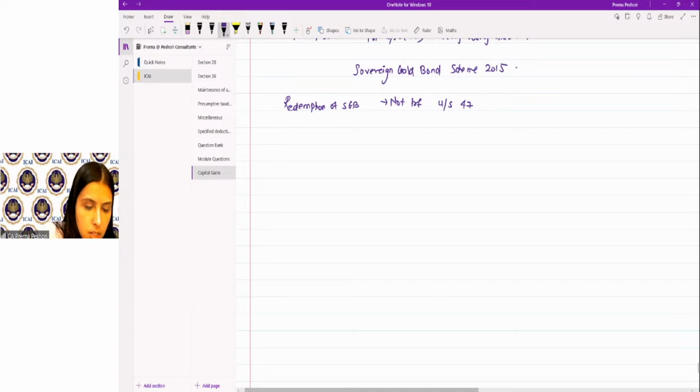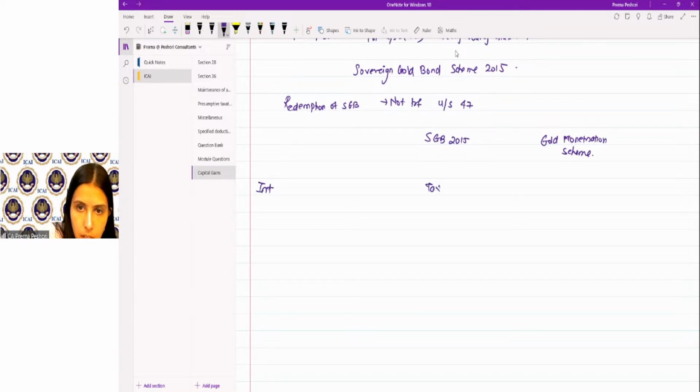There are two schemes, the SGB scheme of 2015 and the gold monetization scheme. So interest on SGB is taxable. Interest on gold monetization scheme is exempt under section 10(15)(6).